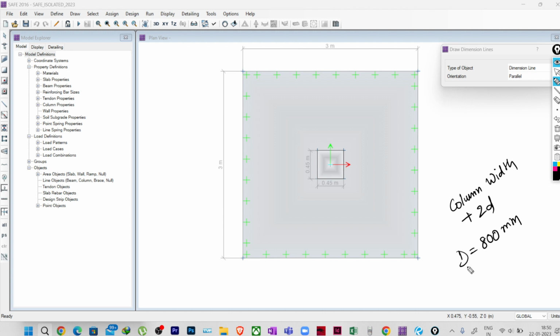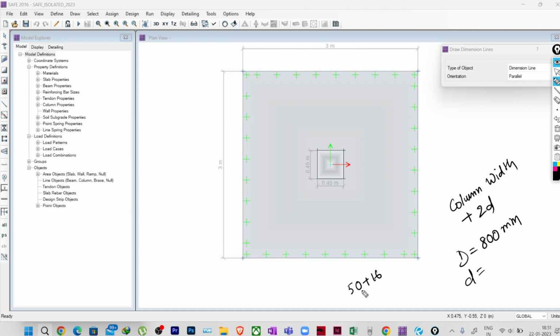Now if it is 800 mm, what will be the D? Suppose we are considering clear cover as 50 mm, and maybe we will be providing 16 mm diameter.